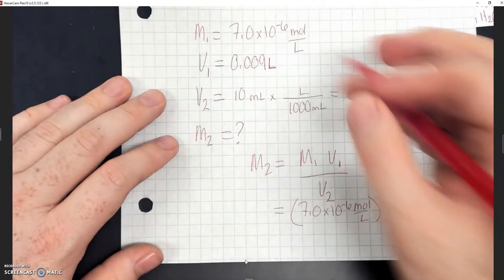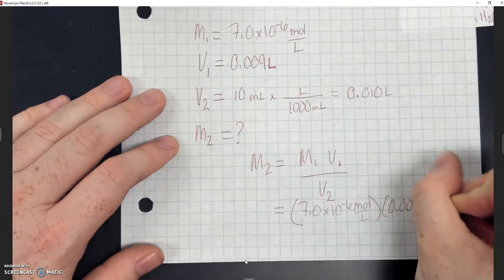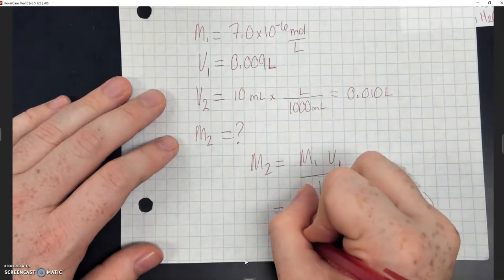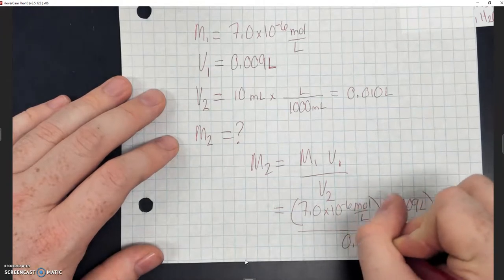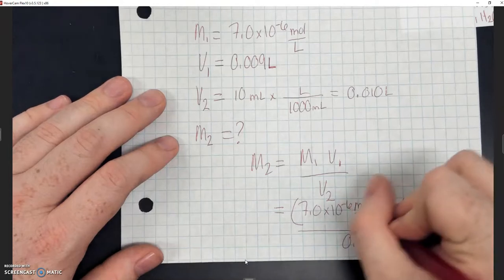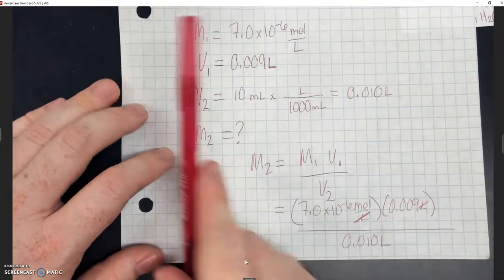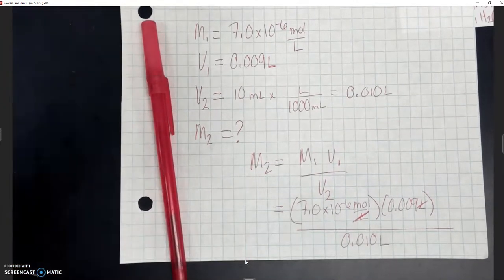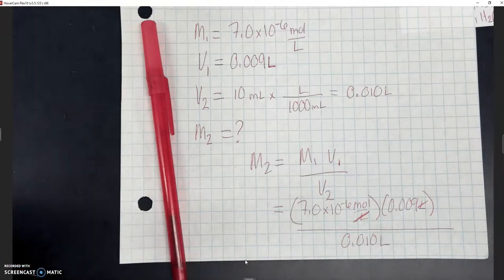V1 is equal to 0.009 liters. And that's going to be over V2, which is 0.010 liters. These liters cross cancel. At the end, our units will be moles over liters, which is molarity. And now you just need to plug this into your calculator. And this is where having a scientific calculator will be very helpful, because we're dealing with things in scientific notation.